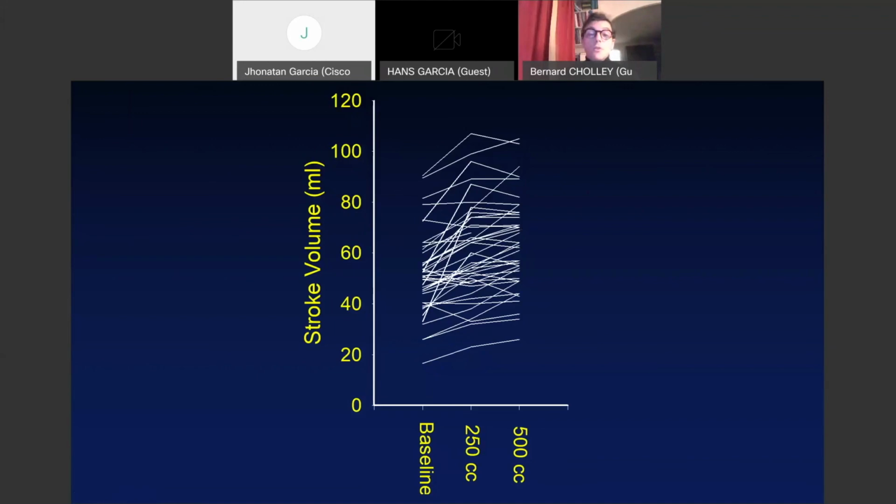If you want to achieve the best administration of fluids in your patient, you have to titrate and to measure stroke volume in each high-risk patient. This is the only way to make sure that your fluid administration is producing the effect that you are expecting. And this is the only way to stop giving fluids when you've reached the plateau of the cardiovascular function curve.